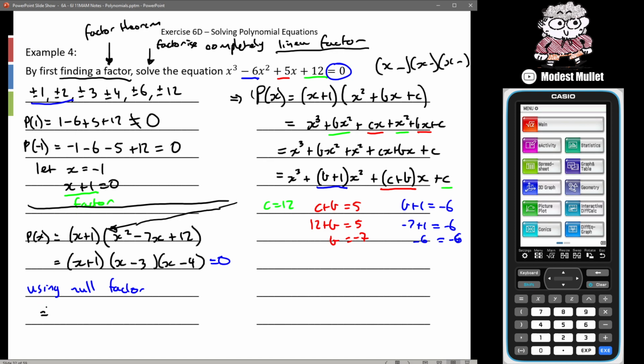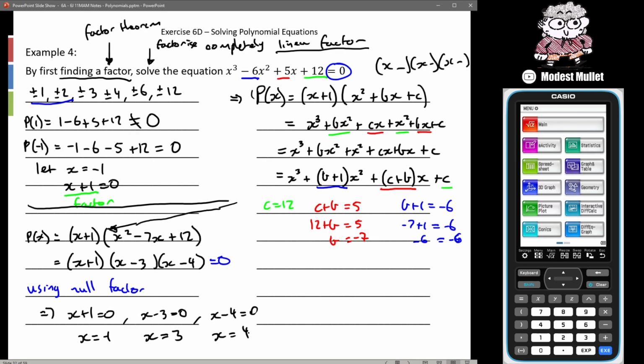It's quite obvious that x plus 1 is equal to 0, or x minus 3 is equal to 0, or x minus 4 is equal to 0. So we get x is equal to negative 1, x is equal to 3, x is equal to 4. And that's it.